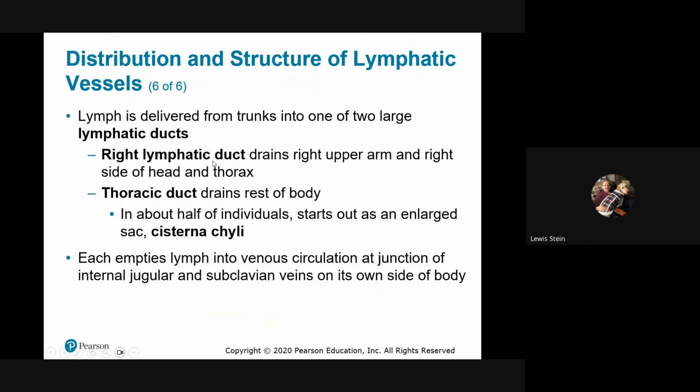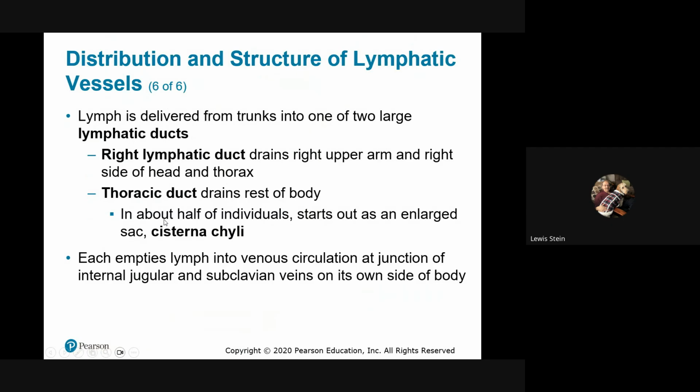The right lymphatic duct, and whenever we talk about veins or lymph, collecting means draining. It drains the right upper arm, the right side of the neck, the right side of the head, and the right thorax. The thoracic duct drains everything else.